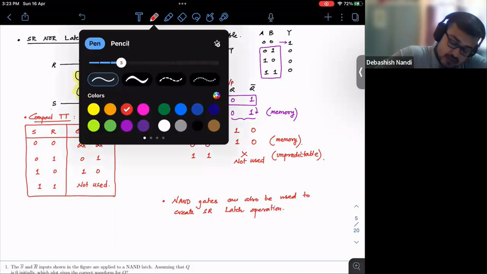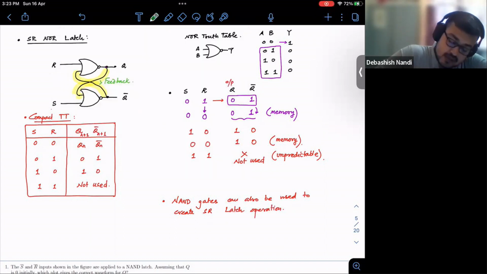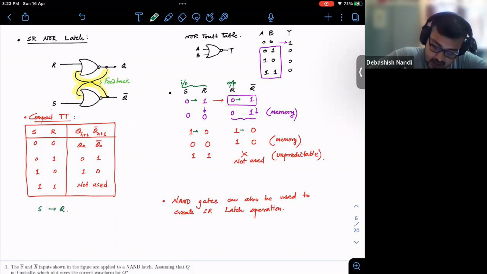And this is your output, and basically you can consider S terminals this as your input, right? So if S is 0, output is 0, and if S is 1, output is 1. That means S controls directly your Q.